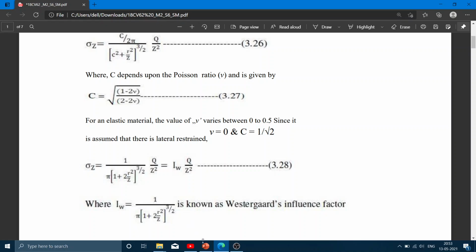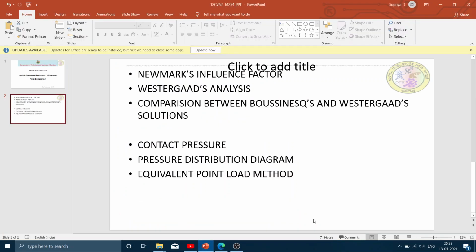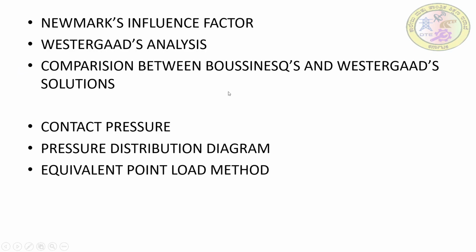After that, the next topic is the Newmark influence chart. Regarding Newmark's influence chart, the vertical stress at a particular depth in a soil mass due to the action of a vertical load on the surface of the ground was given and explained by the famous Boussinesq theory.